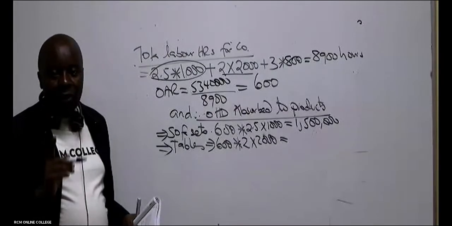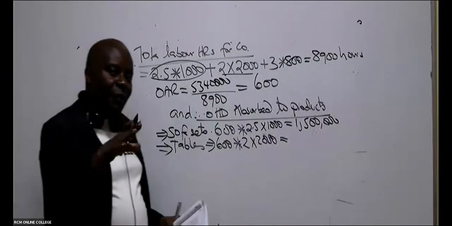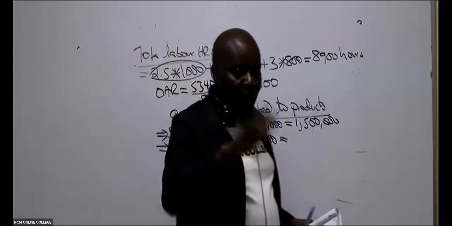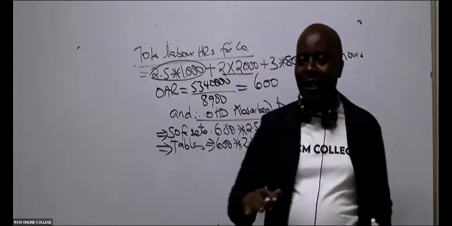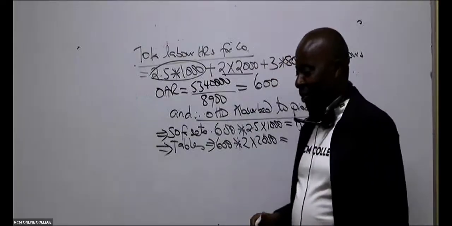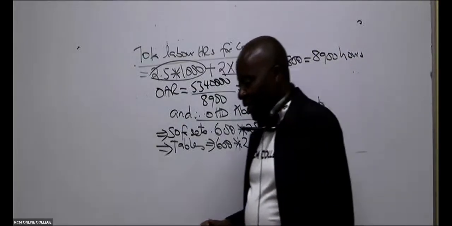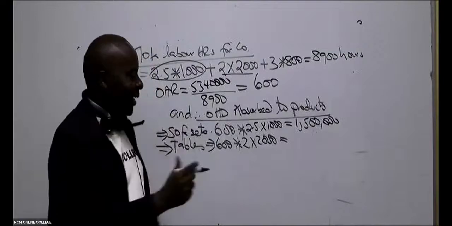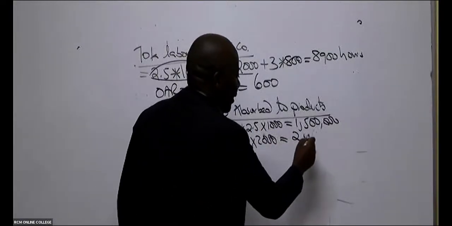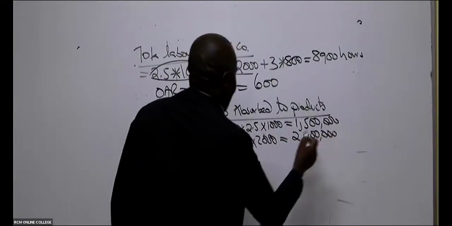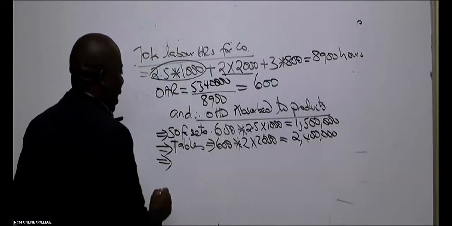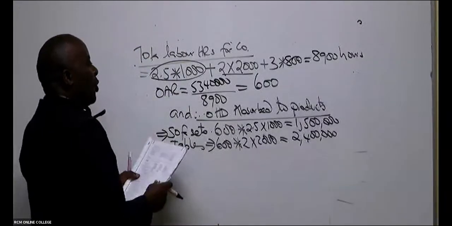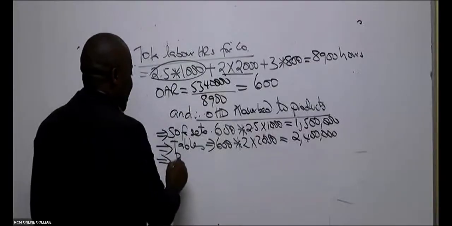Yeah, please, especially the online students, if you feel that I'm a bit fast, don't hesitate telling me, hey, old man, go slowly. 2.4 million, right? 2.4 million. And then, ladies and gentlemen, come and tell me how much we are absorbing to the beds.